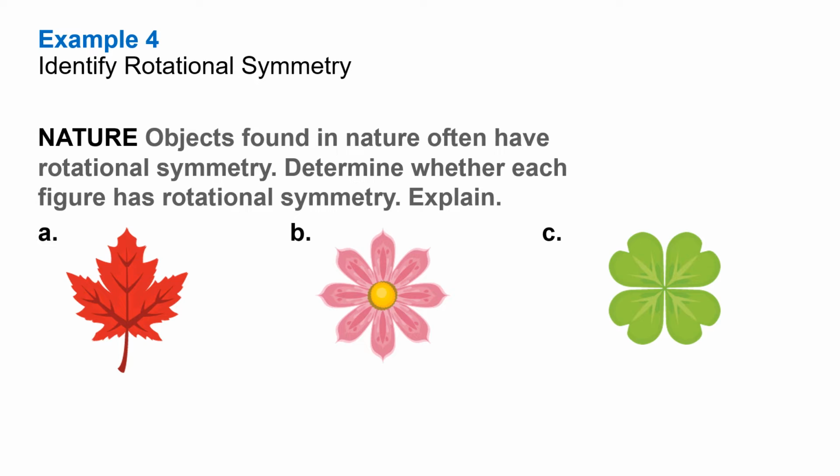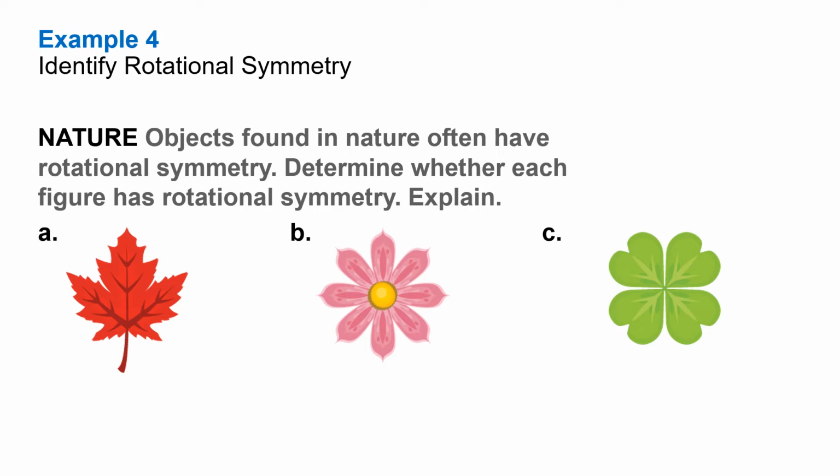Objects found in nature often have rotational symmetry. Determine whether each figure has rotational symmetry. Explain. So in this first figure, we have a leaf. If we were to rotate this leaf some degree measure less than 360, and it looks like this exact leaf, then it has rotational symmetry.